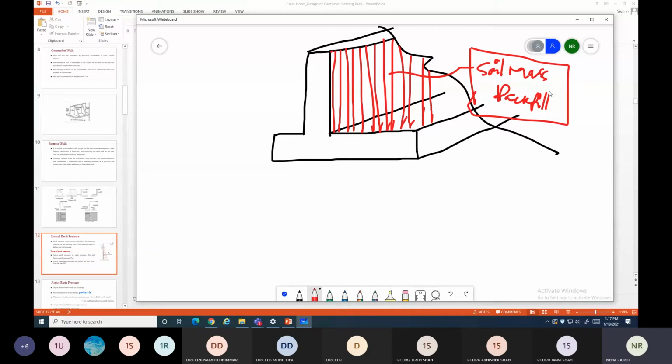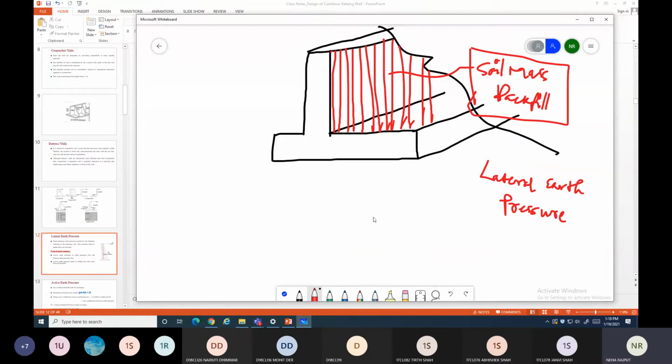That pressure is known as lateral earth pressure.